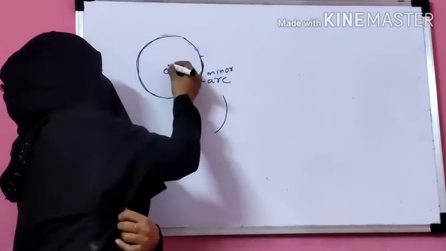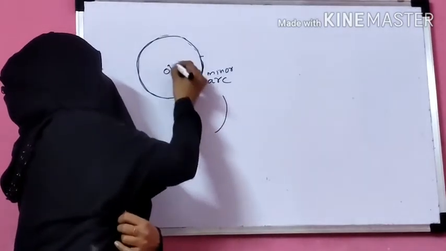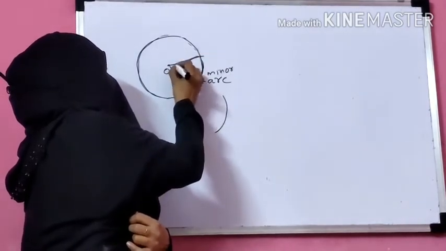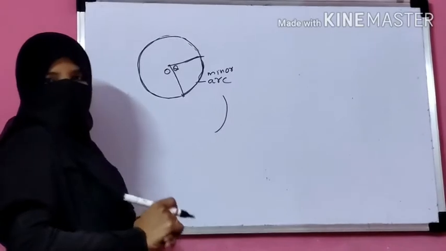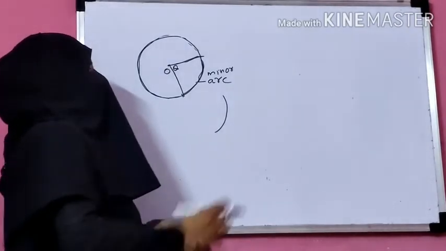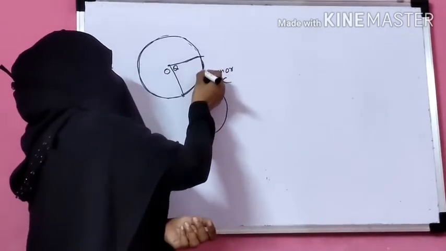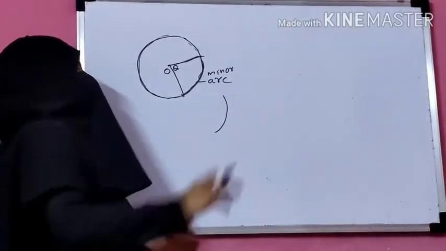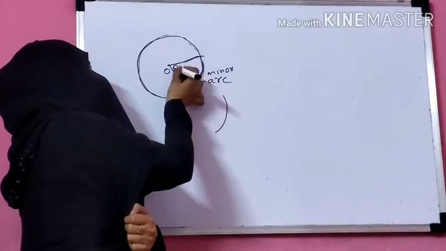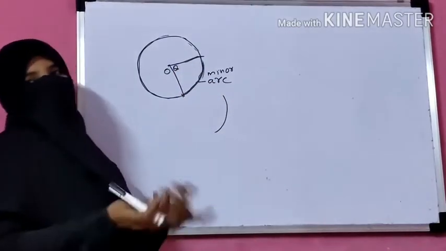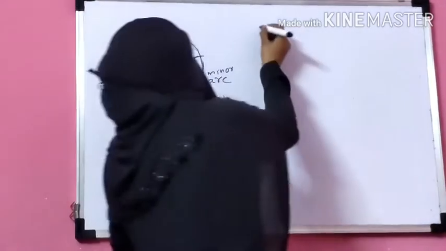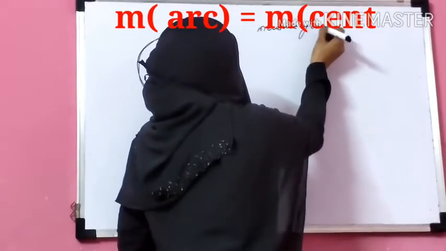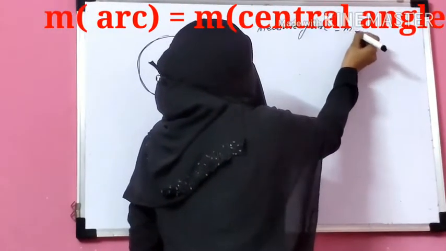And the angle that lies at the center of a circle is called the central angle. So this angle is the central angle. Now the question is how to find the measure of an arc. You know that the measure of a circle is 360. The measure of an arc can be found with the help of the measure of the central angle.